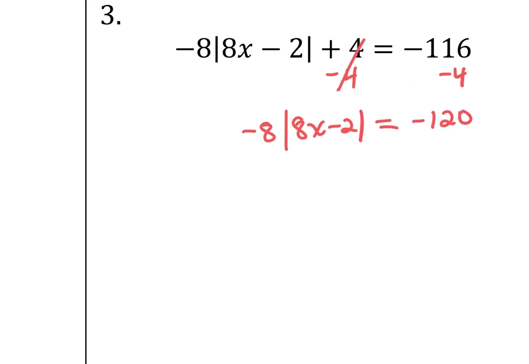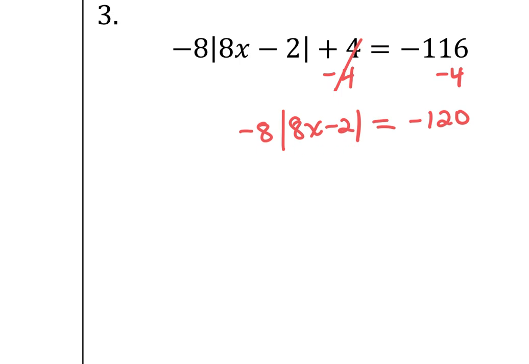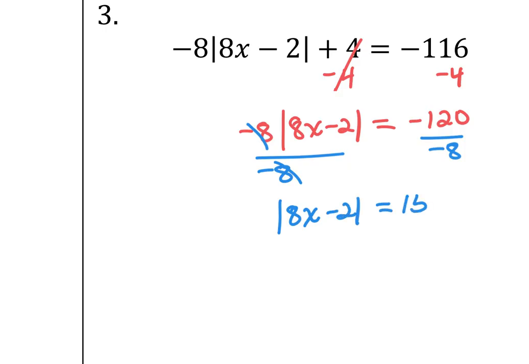And then now, to get the absolute value bars by itself, we're going to undo this coefficient. So we divide by -8. And what you'll notice is when we divide by -8, -120 divided by -8 now gives me a positive 15.